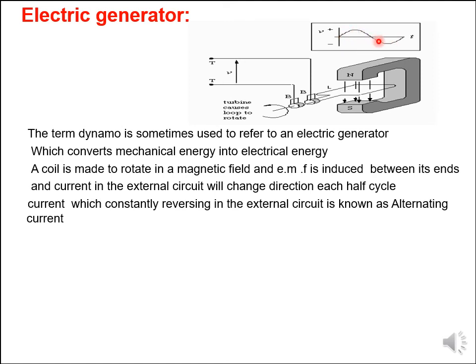One complete back and forth variation is known as a cycle. So this is called a cycle.